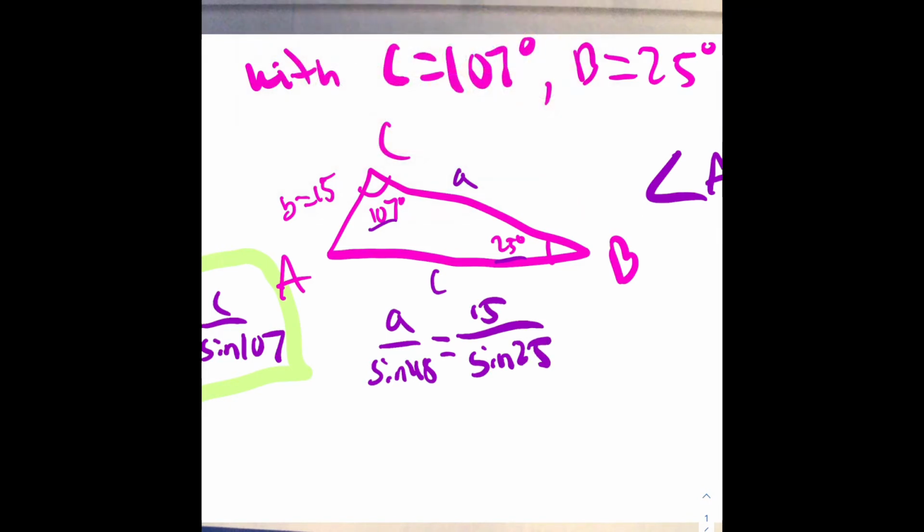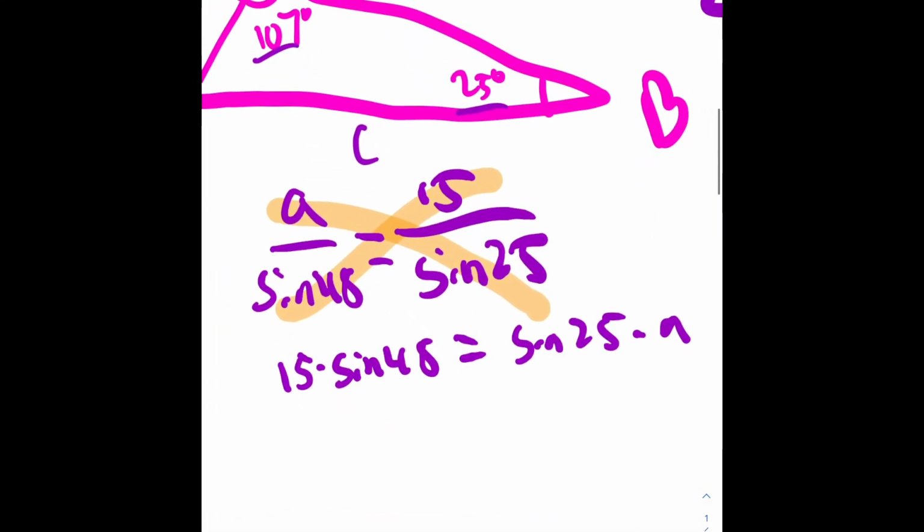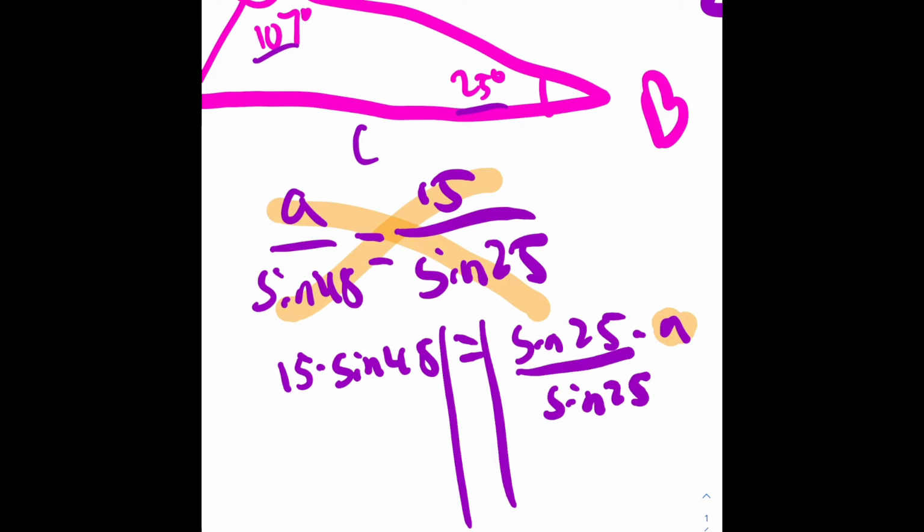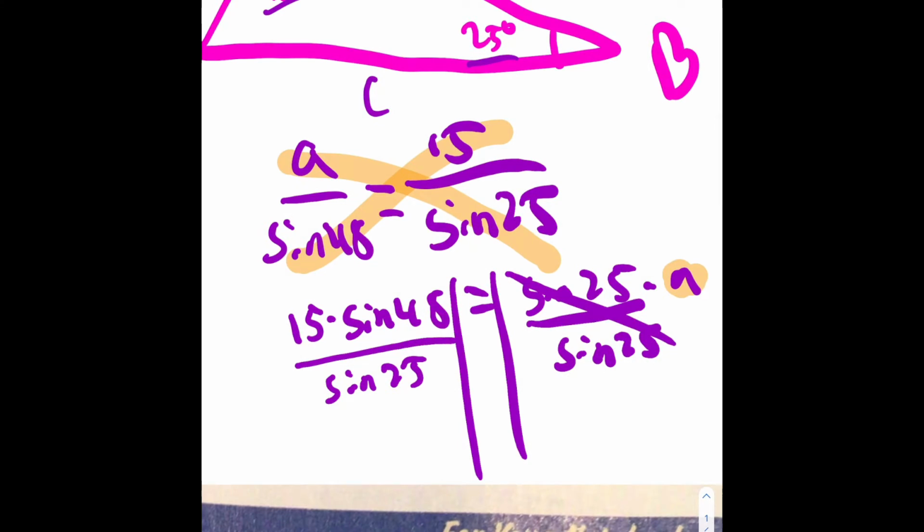This just becomes cross multiplying. So 15 times sine 48 equals sine 25 times A, which means my whole goal is to get A by itself. So what do I need to do? I need to divide both sides by sine of 25 so that this cancels out.